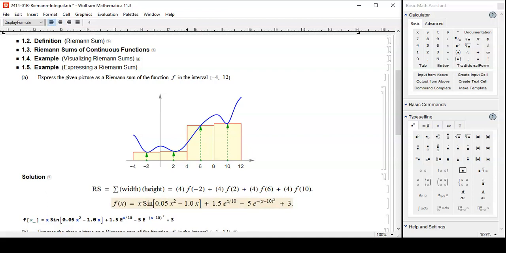Okay, that's my function. I used traditional form.